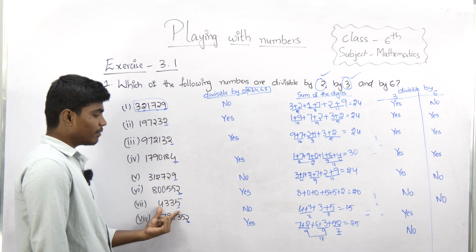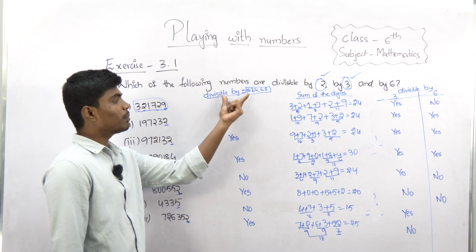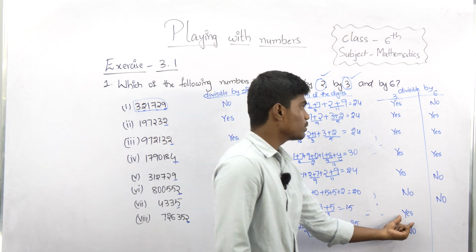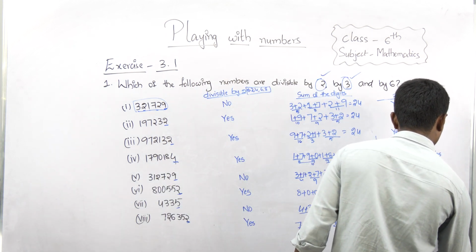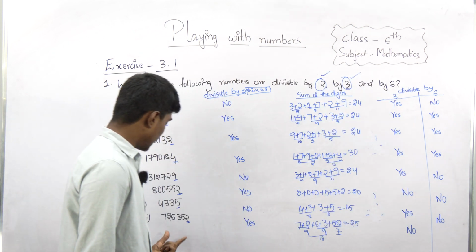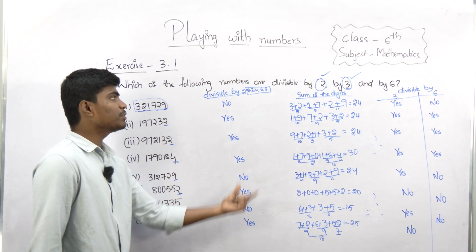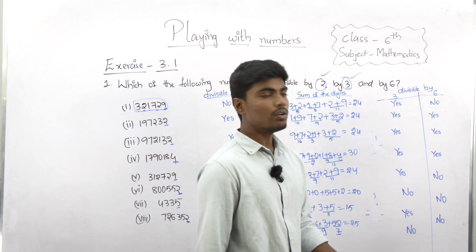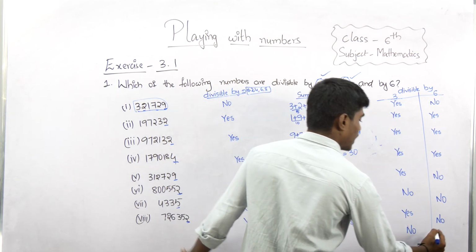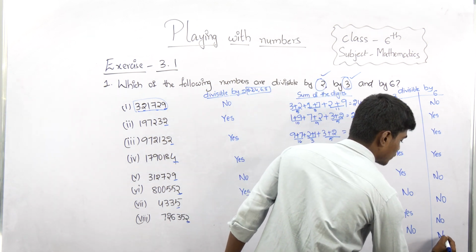The seventh one is not divisible by 2 but it is divisible by 3. So this number is not divisible by 6. Coming to the last problem, it is divisible by 2 but not divisible by 3. So this number is not divisible by 6.